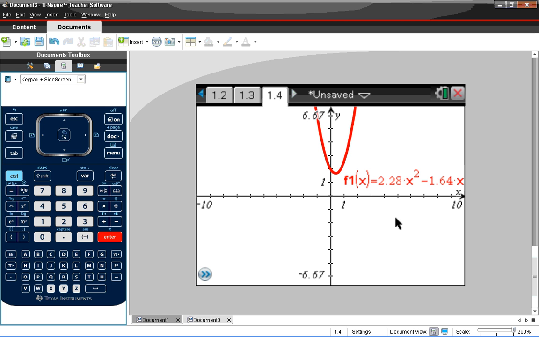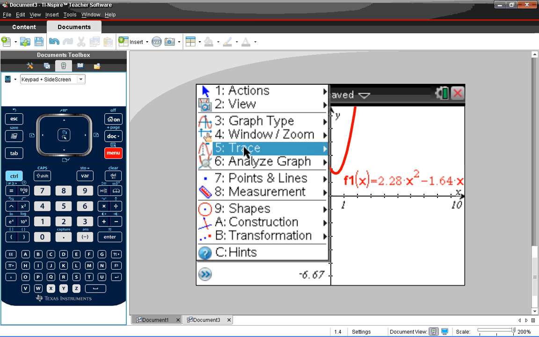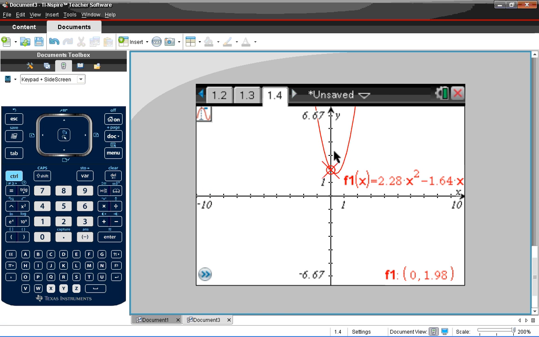So there's the graph. And for the range, I'm going to need this information about the vertex. You've got two options. One of which is to go to Menu, Trace, Graph Trace. You'll see these little crosshairs come up. If you hit the left and the right arrows and go to the vertex, it will say here's the minimum, and you'll see in the bottom right hand corner that our smallest y value is 1.69.